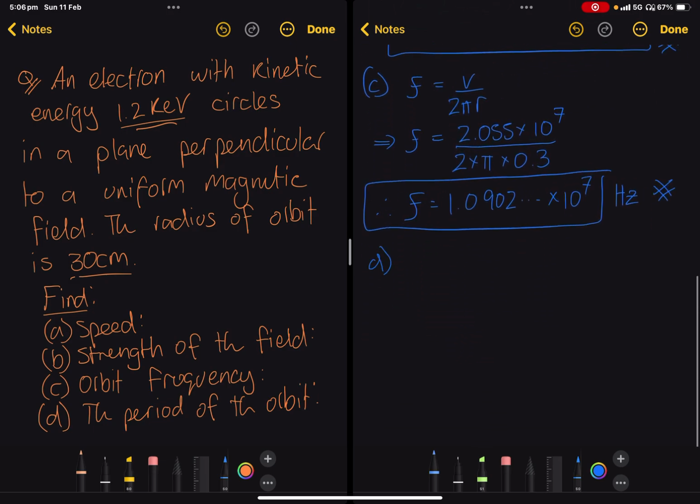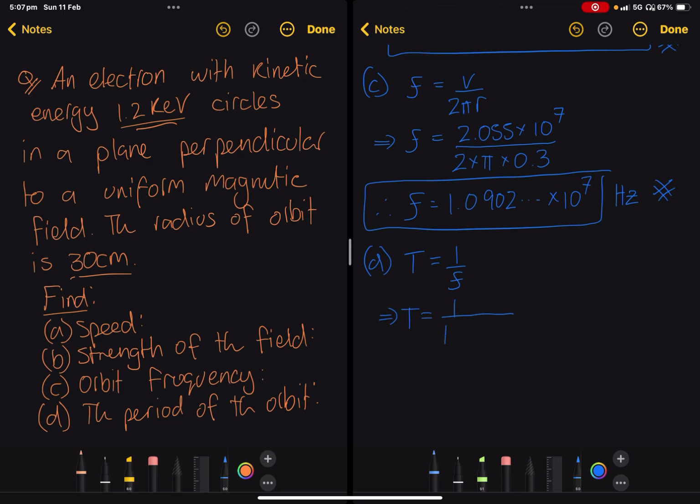And then the last part we're asked about is the period of the orbit. Because we've just found the orbital frequency in hertz, we actually have a shorthand formula for the period. We know the velocity and we know the circumference, so we can do this a few different ways, but we know that the period, denoted T, is equal to 1 divided by the frequency. So we're just going to use this shorthand formula because we have already found frequency.